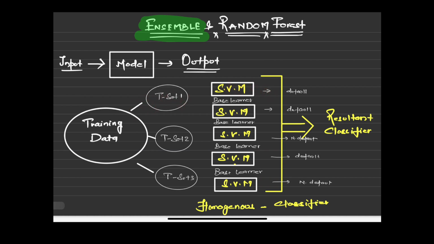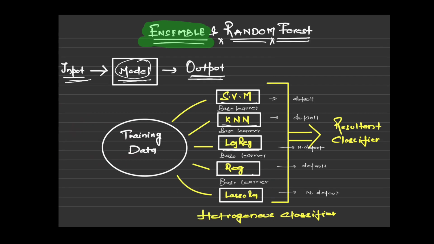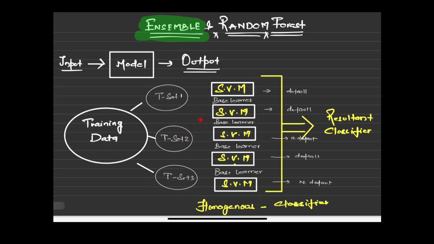You will do the bootstrapping. You will randomly select the training data. From the training data, you will randomly select the first training set and give it to the first SVM model. Then you select the second training set from the original training data and give it to the second, then third, then fourth, and then fifth.